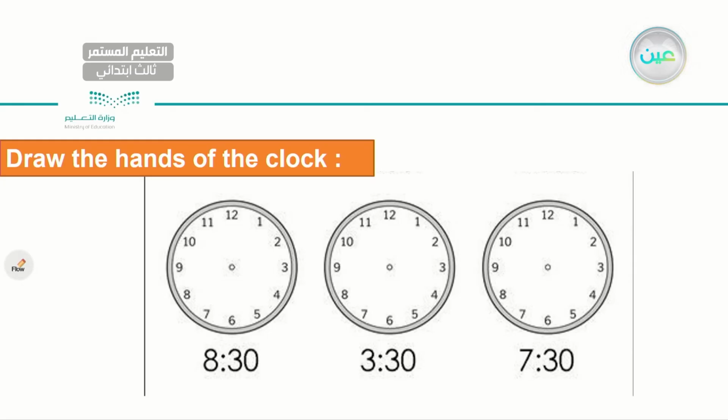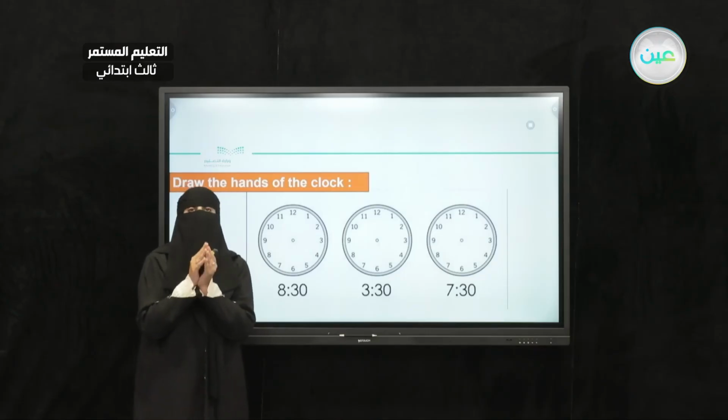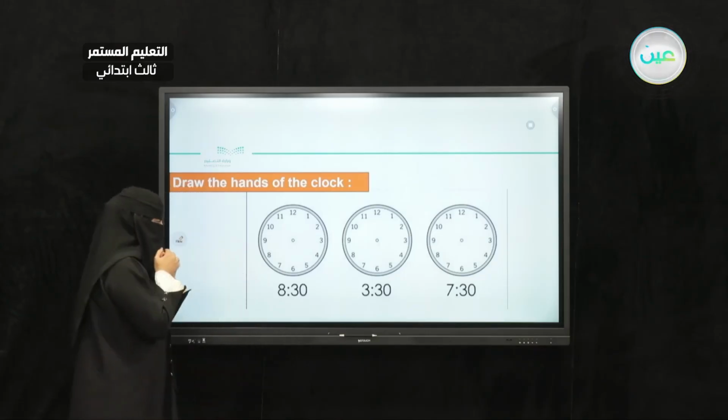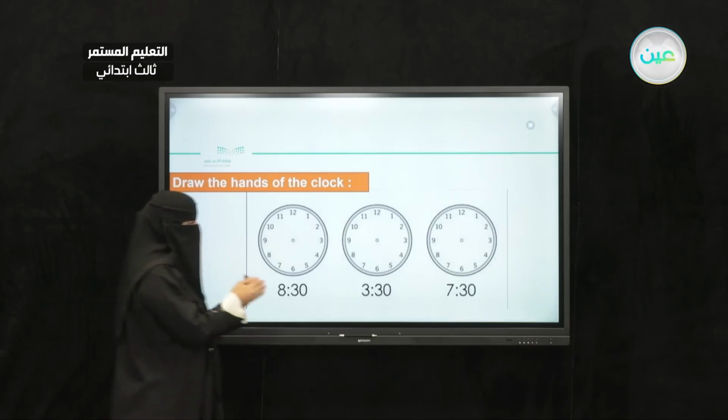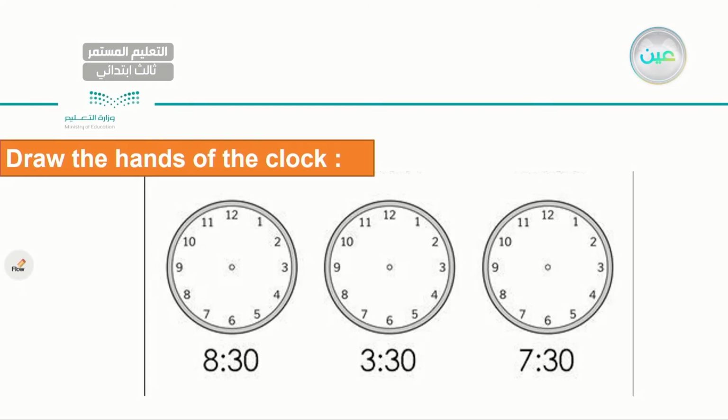Now, draw the hands of the clock. Here I give you blank clocks, okay? Not the minutes, nor the hands of the hours. I have 8:30, 3:30, and 7:30. Okay, let's start with the first one. That refers to the minutes, 30 minutes, 8:30. Very good.